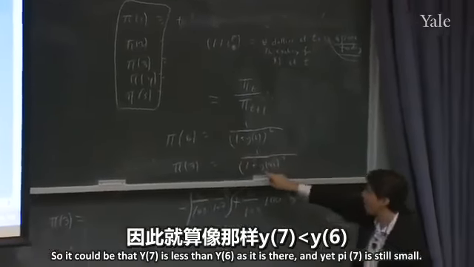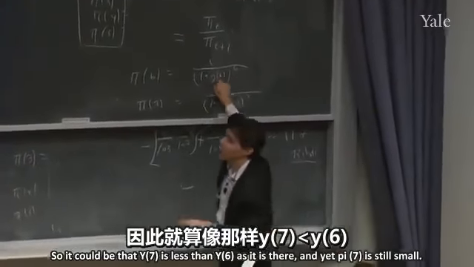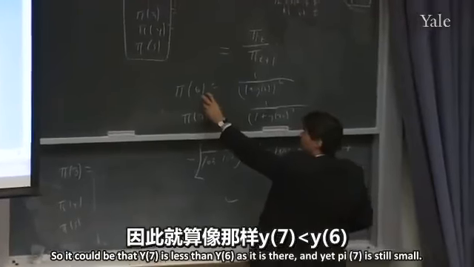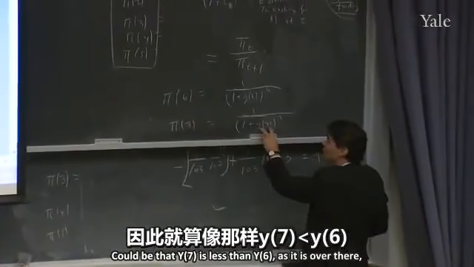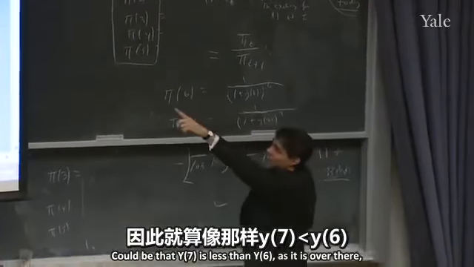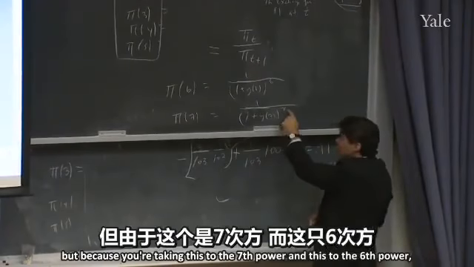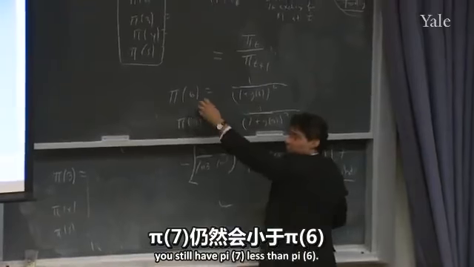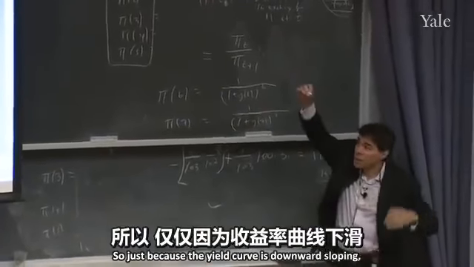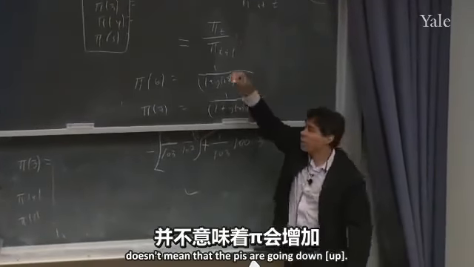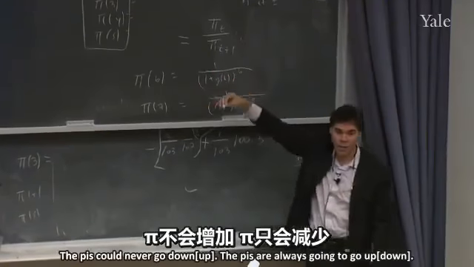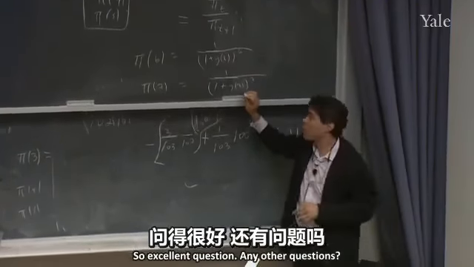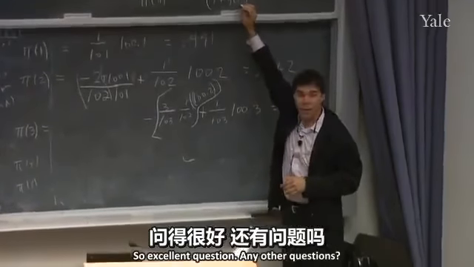It could be that y7 is less than y6, but because you're taking this to the 7th power and this to the 6th power, pi 7 is still less than pi 6. So just because the yield curve is downward sloping doesn't mean the pi's are going down. The pi's are always going to go up. Excellent question. Any other questions?